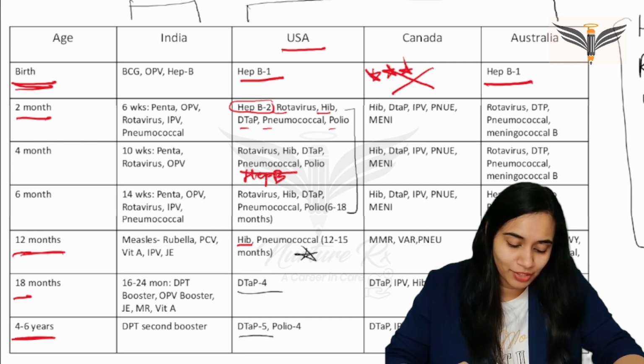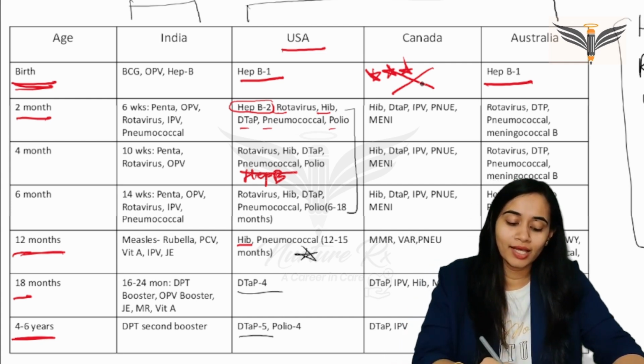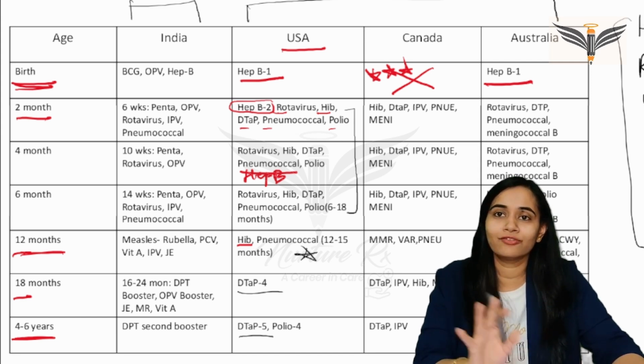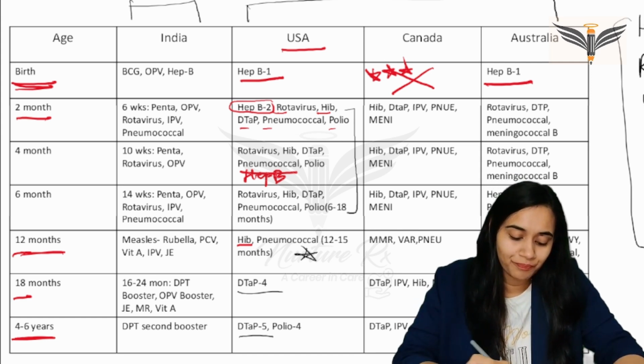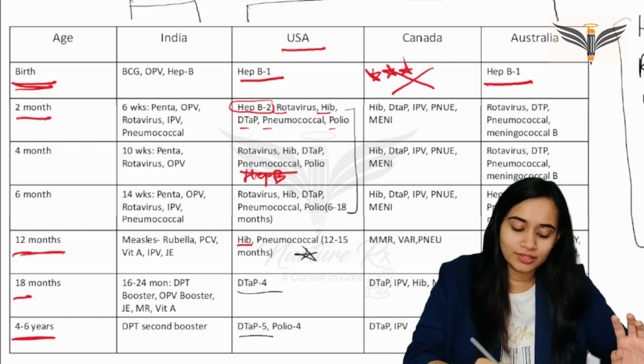Okay, now coming to the next country, which is Canada. So we have already talked about that at birth, no vaccine has to be given if you're there in Canada. Okay, now what are the next? So can you see, this is starting with the hero removed here.